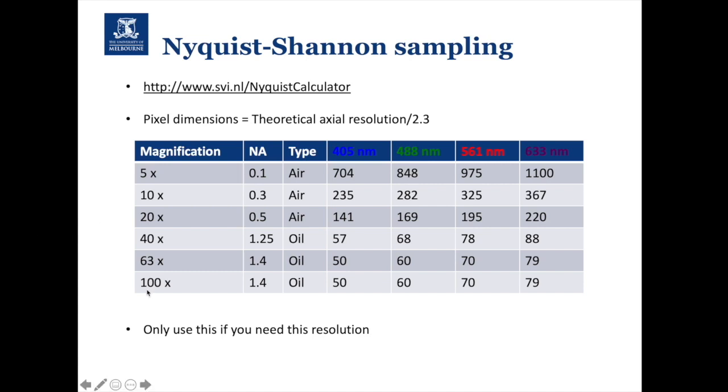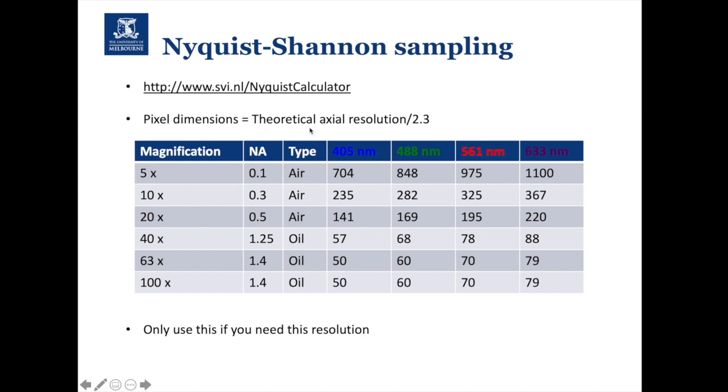If we look at the bottom, for example, the 63x and the 100x objectives, which have a 1.4 NA. If you remember, numerical aperture is what gives you the resolution of the system. In the green channel, you're looking at 60 nanometer pixel sizes to get the best possible resolution out of that microscope. Now there are a couple of caveats here.